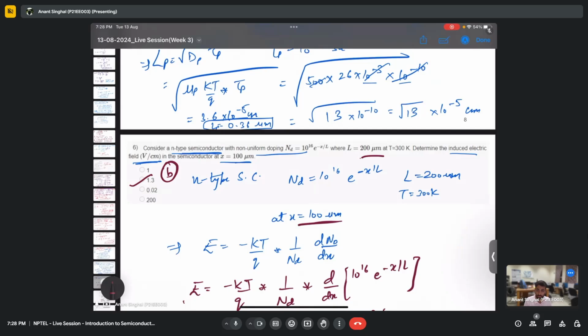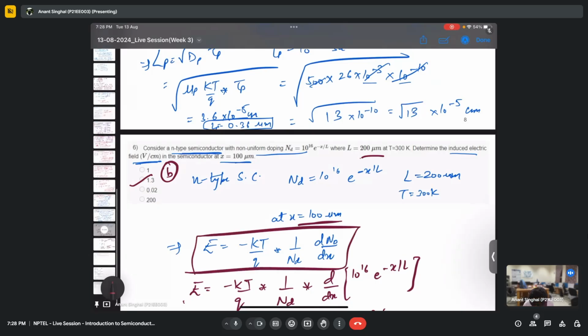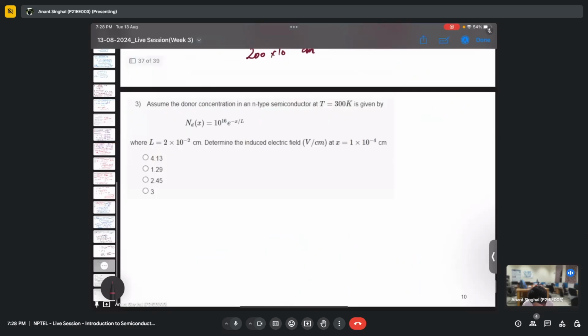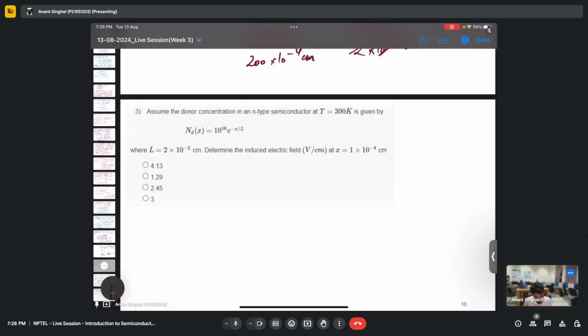Is it clear? Got it, sir. We also have a similar question in this week's assignment, which you can solve by yourself. I guess all the values are almost the same. We have a donor concentration in an n-type semiconductor, again at room temperature, so kT by q will be 26 millivolts.